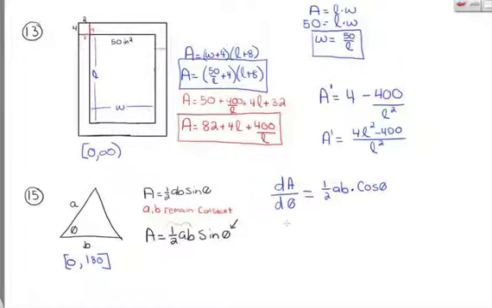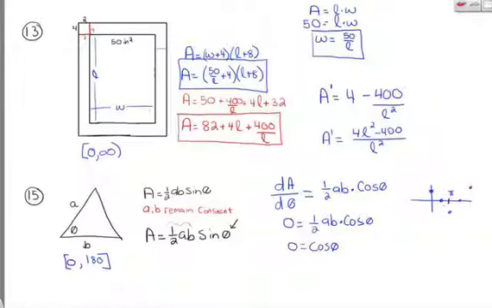So, find critical values. We get 0 equals 1/2 AB times cosine of theta. Divide both sides by 1/2 AB, and I'm simply left with 0 equals cosine of theta. And I know that cosine of theta, if we think about the graph of cosine, starts here, and this right here is pi, which is 180 degrees.